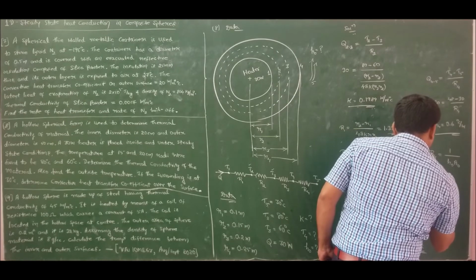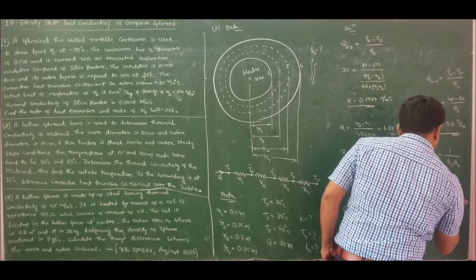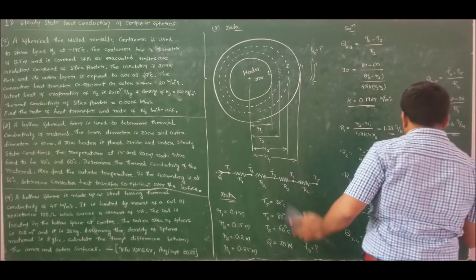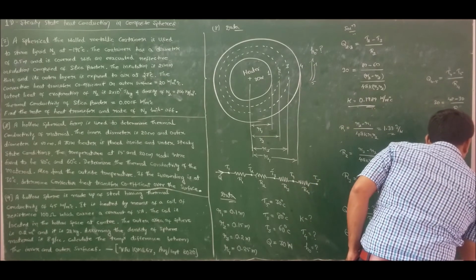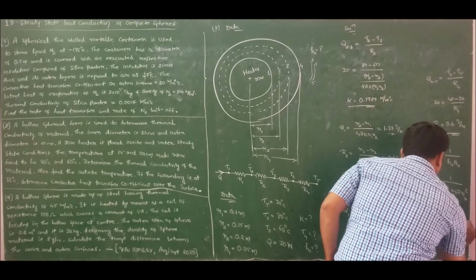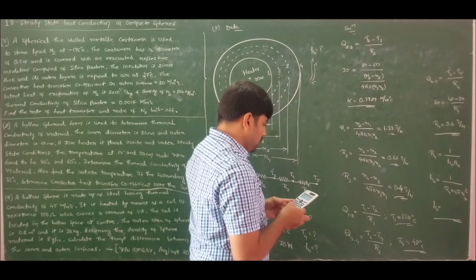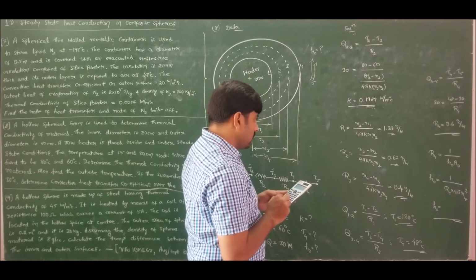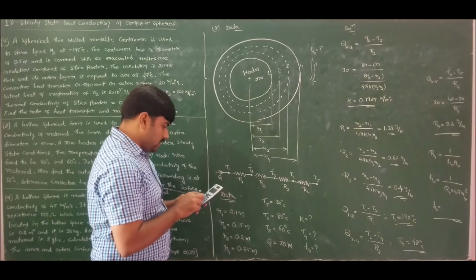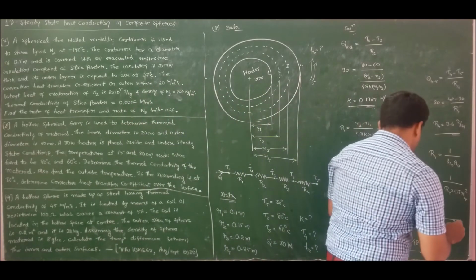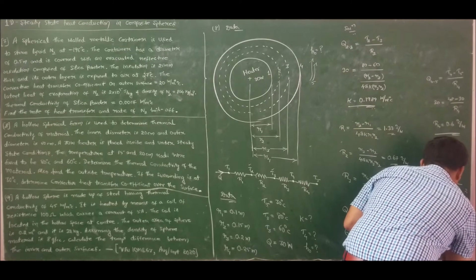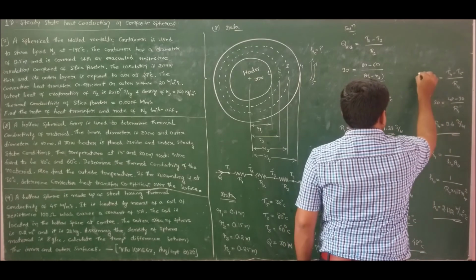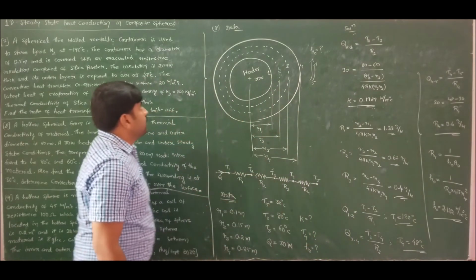So h0 will be equal to 1 / (R4 × 4πR²), where R is the outer radius, R4. So the convective heat transfer coefficient will become 1 / (0.6 × 4 × π × 0.25²), which turns out to be 2.122 watt per meter square degree Celsius. So this is the complete solution for problem number 8.